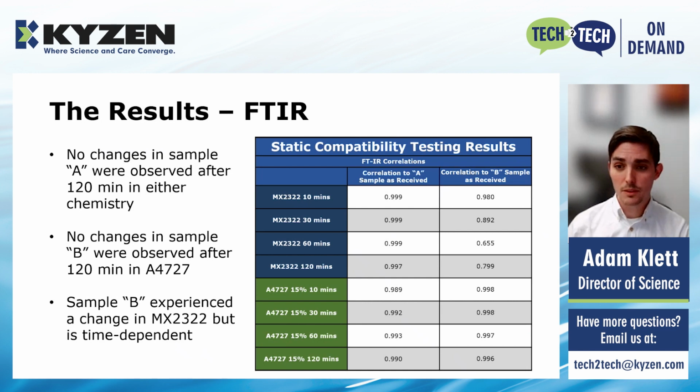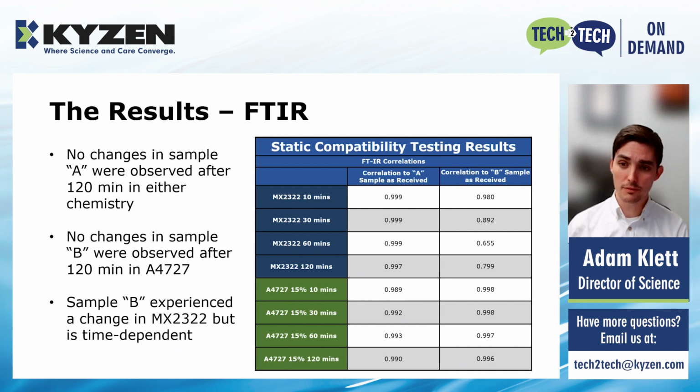The first column represents the sample A, or the material A, and what we're looking at is the correlation, or the difference, between the as received sample and the tested sample. The closer that correlation number is to 1, the less it has changed. Basically, the lower that number is, the more it has changed. So what we want to see are numbers very high, as close to 1 as possible.